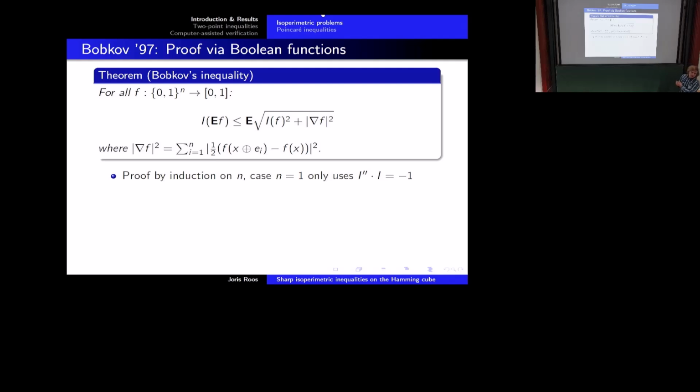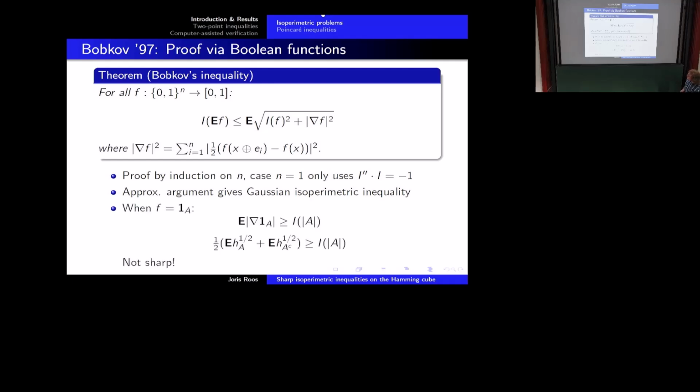So it becomes a simple inequality in two real variables. And if you can verify that inequality in two real variables, then there's an induction argument that you can run that shows that it must also hold for all n. And then you can extend this argument via some central limit arguments to give the Gaussian isoperimetric inequality.